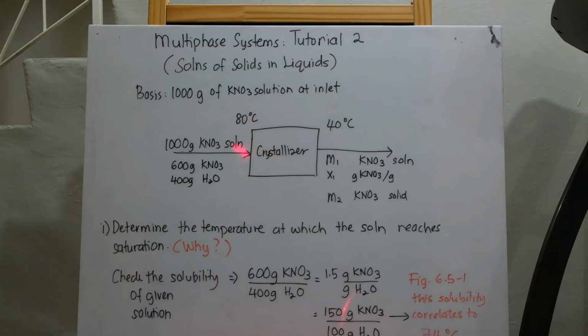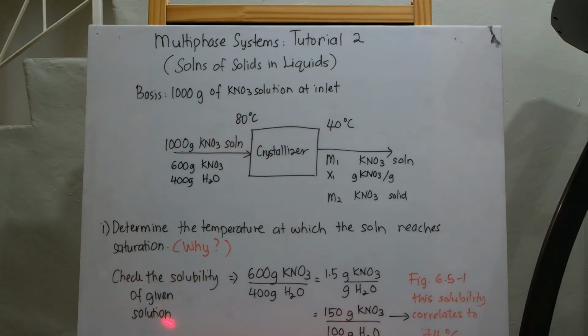Okay, this feed we do not know whether it's saturated or not saturated. So since we are given the mass fraction, we definitely can check what is the solubility of the inlet solution. Remember from our part 6 where we change mass fraction into solubility.